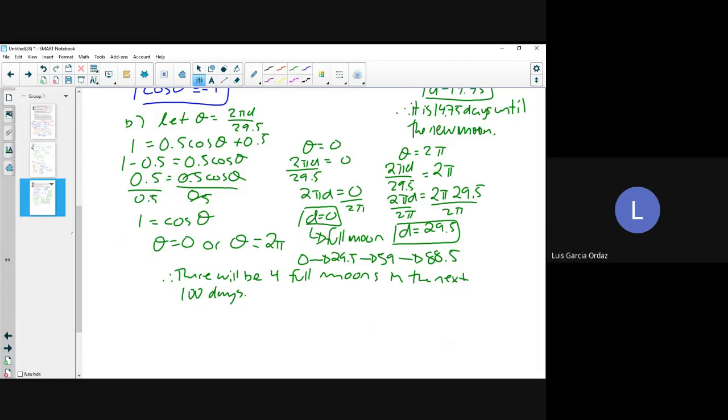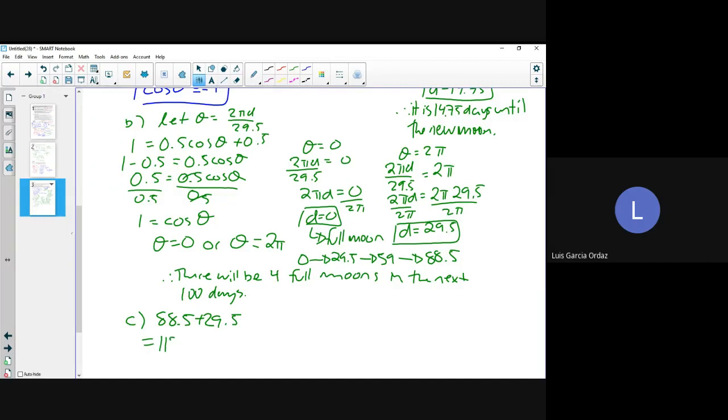And then last but not least, we have our C. It's asking how many days will it be until there are 5 full moons, including tonight. So based off the information from question B, how many days will it take until there are 5 full moons? So all you're doing is taking 88.5 and adding 29.5.